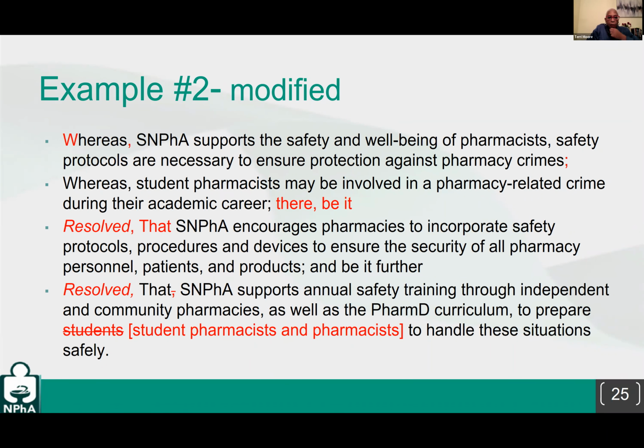I would make a motion to amend that, make an amendment by striking students and replacing it with the phrase student pharmacist and pharmacists, to be consistent with what we've talked about before. We've reflected students, student pharmacists, and pharmacists. So that would be a possible amendment that I think would just help strengthen the content as well as make it read a bit more consistently.